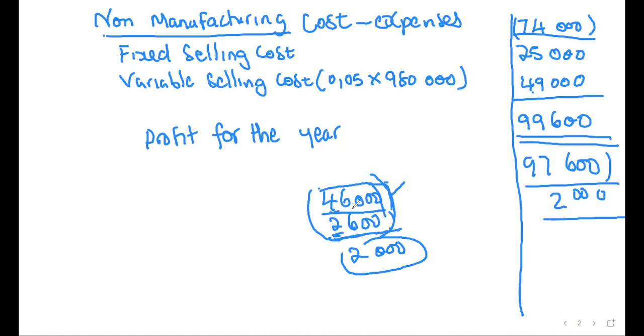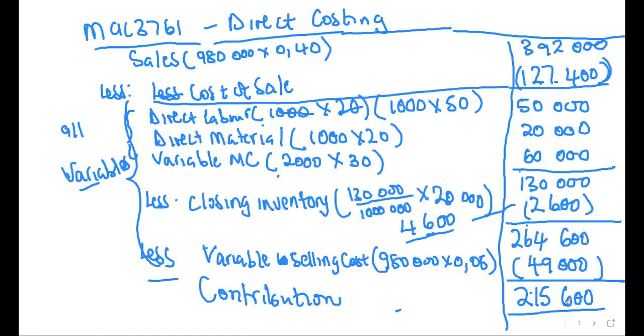Under absorption costing, you have more value of closing inventory than direct costing, and that's where this profit difference is created. That's basically what you need to understand.